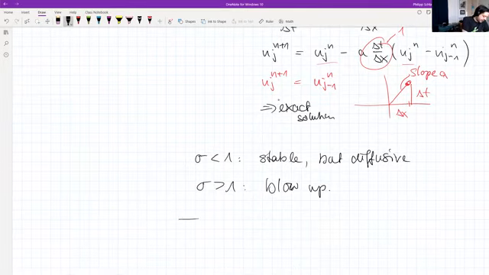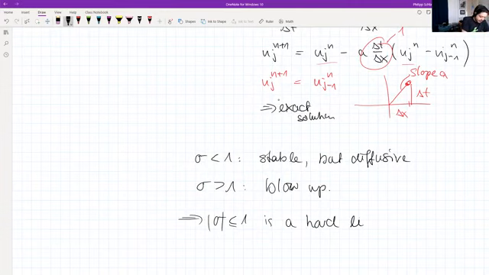And what we can say here, and that's maybe the important thing to remember, is that the absolute value of sigma lower or equal 1 is a hard limit for stability. Okay. Do you have any questions regarding that?